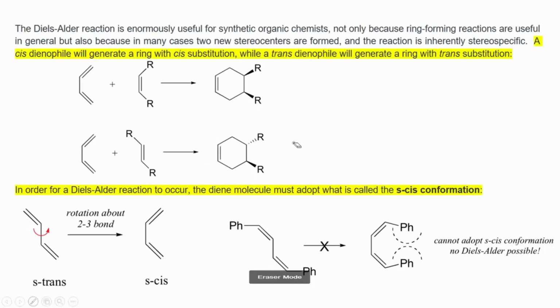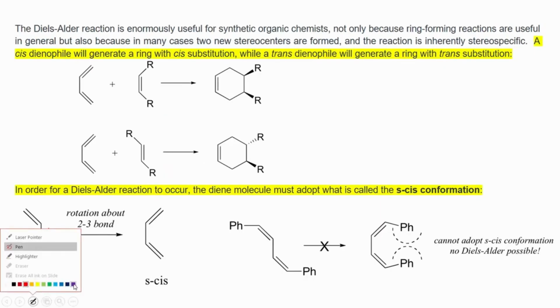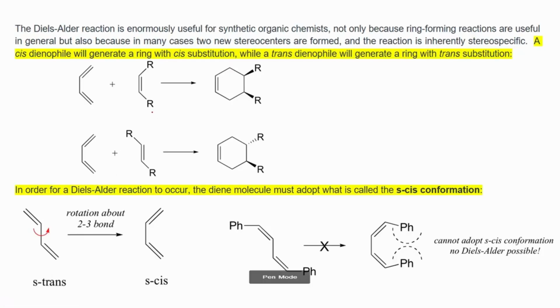Now this is enormously useful when we're talking about synthetic chemistry. So we have our diene, and again, we need to be in this S-cis configuration. If something is locked in that S-cis configuration, it will react much faster. The dienophile is going to control the stereochemistry of the product.